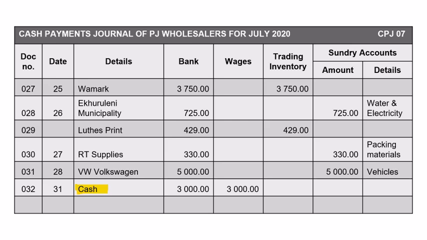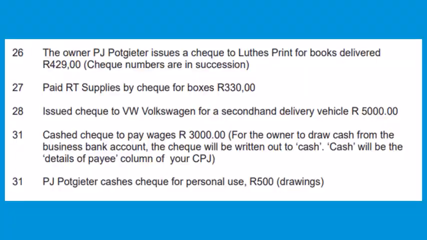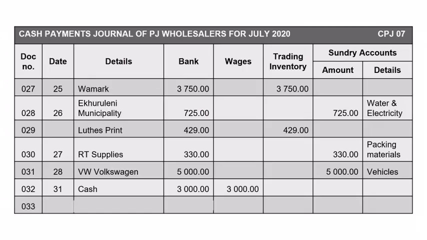Then you don't write anything here because you already used the amount twice. And then lastly, also on the 31st, PJ Potgieter cashes a check. Okay, so you will write cash for personal use. Drawings. Okay, so the moment when the owner takes money for himself, the owner is allowed to take money for himself, and if he does that, we call it drawings because he is drawing money from the business for himself. Now, it will be check number 33. You don't write the 31st again because it's still on the same day.